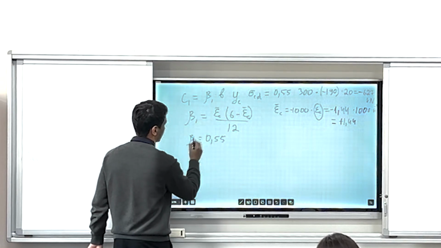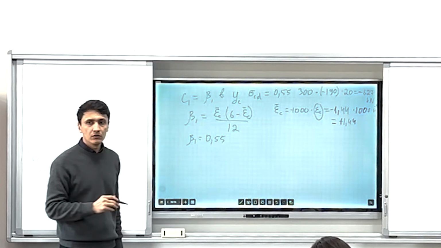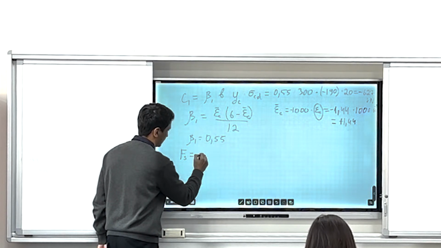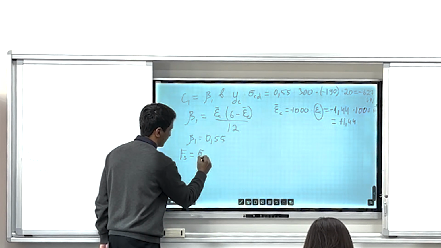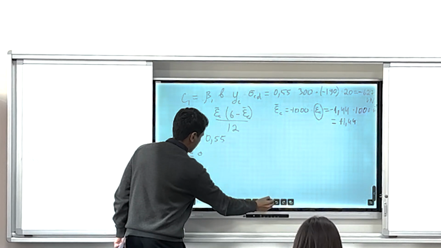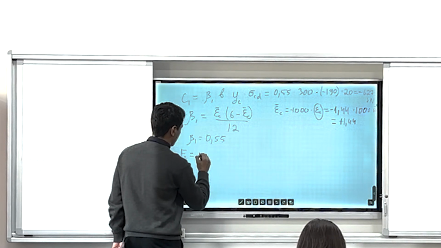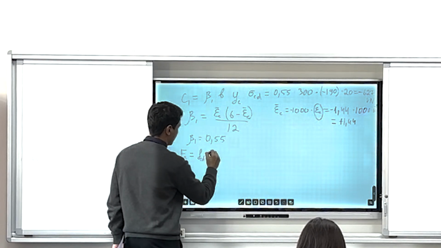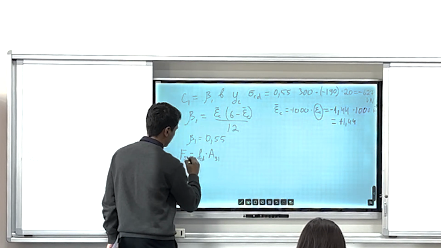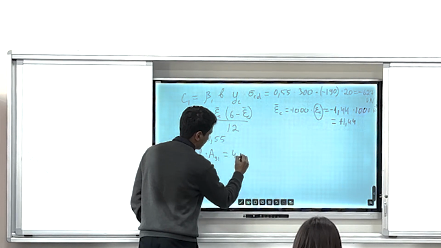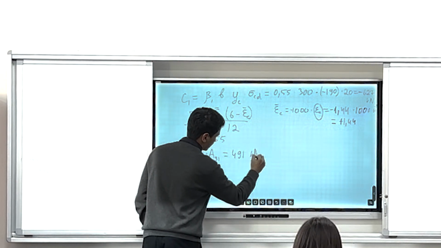Now, you already know FS1. FS1 was equal to FCD times the area of S1, so the value was 491 kilonewtons.